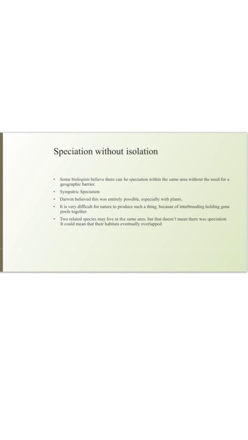When species are in the same area and can mate, they will mate, and eventually genes will mix and not create a new species. Two related species may live in the same area, but that doesn't always mean there was speciation. It could mean that their habitats eventually overlapped through time.